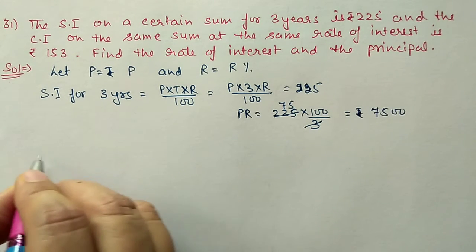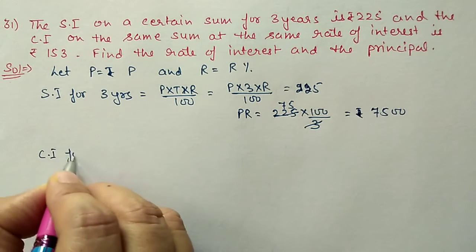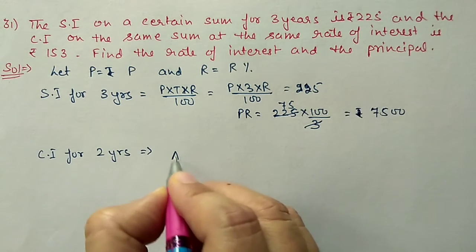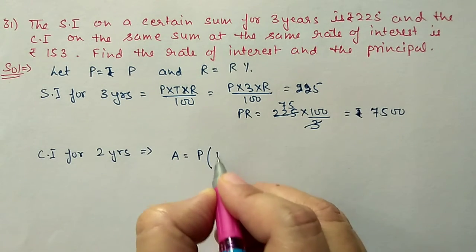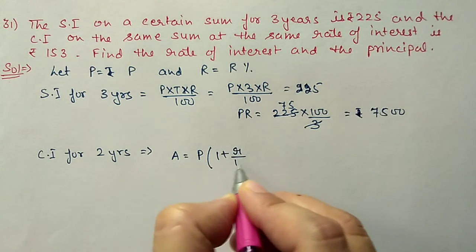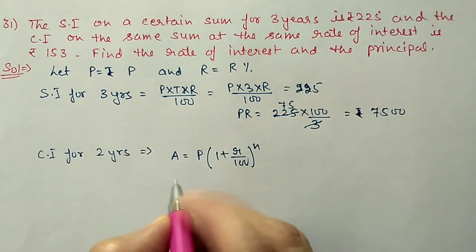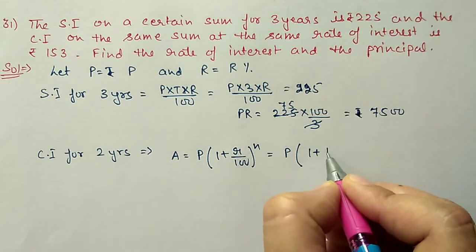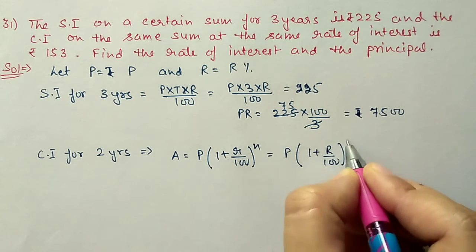Now we will calculate compound interest. So first, amount is equal to P into 1 plus R by 100 to the power n. P we have taken P, 1 plus R by 100 to the power 2.